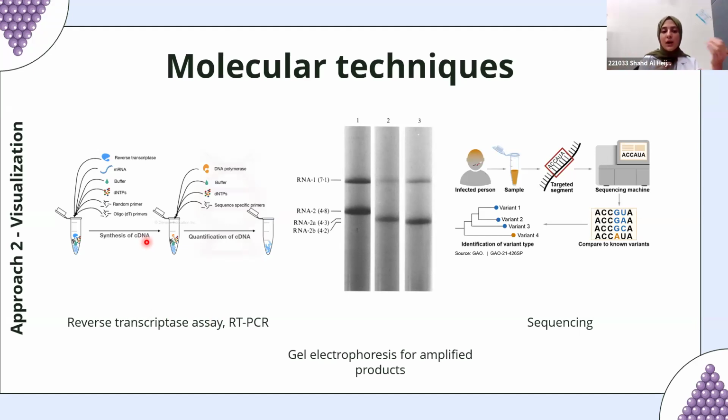Basically, you isolate the genome and increase the amount in order to run tests on it. Gel electrophoresis for amplified products. You can do electrophoresis for the RNA itself or for the proteins and see the way it moves on the gel with the electric current. Or you can do sequencing to know the sequence of amino acids coding for that specific virus. Those are just different techniques to identify the virus.